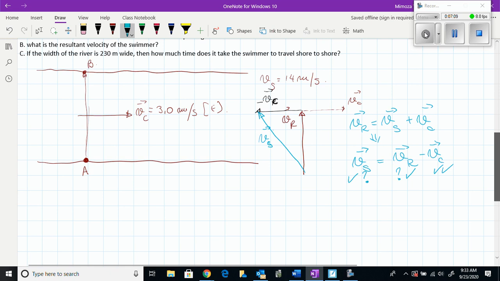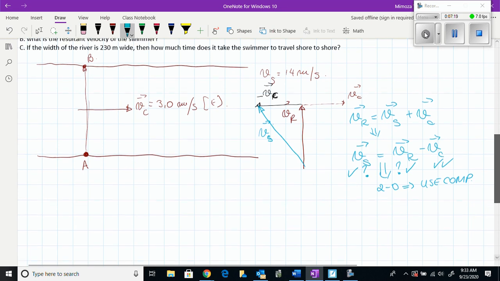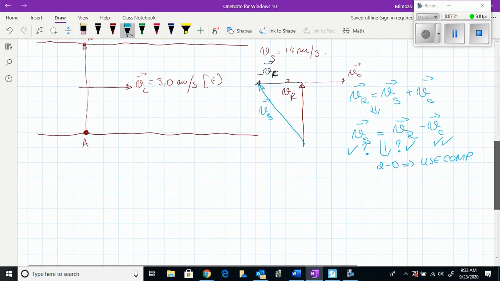So now, since this is a 2D situation, we will use components. When we use components, we do that in the same way as we do for every single vector. So we have vectors, horizontal component, vertical component.